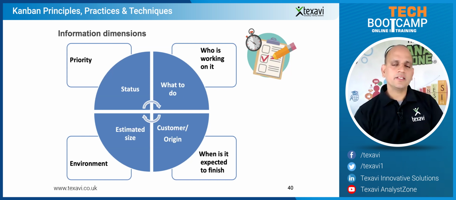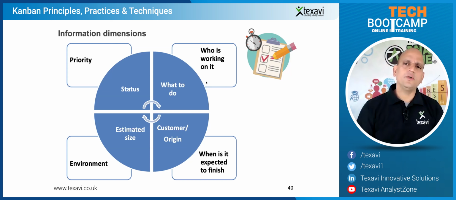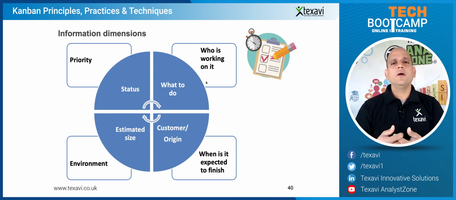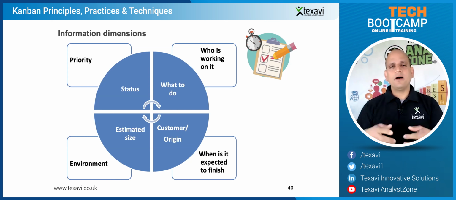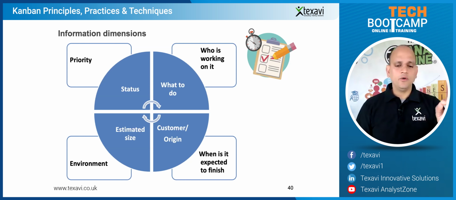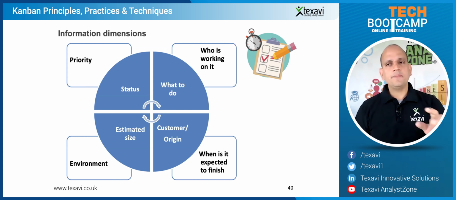And then you also need to understand who is working on the particular task. So who is assigned to that, who is working on it, so you can understand whether they have the right skill set. It's not about finding fault with, hey, you've taken 10 times more than what everybody else does, or you're spending too much time. It's not about finding fault.